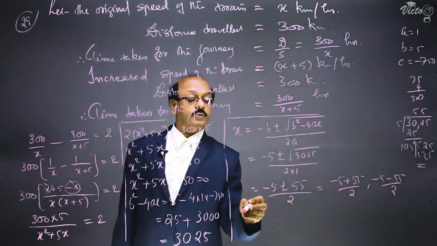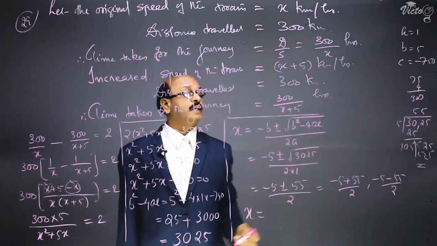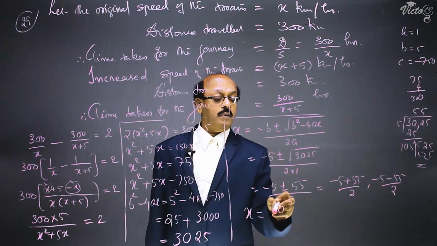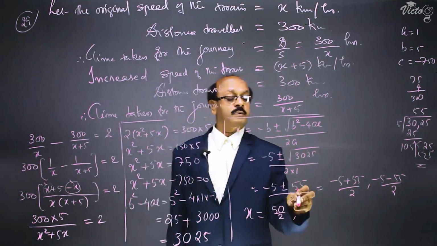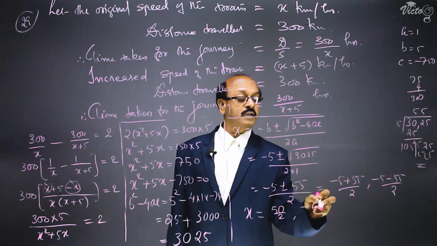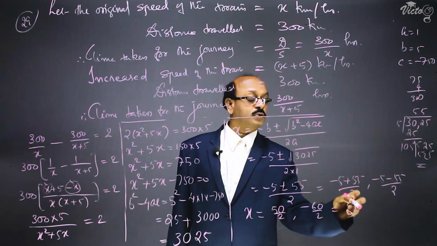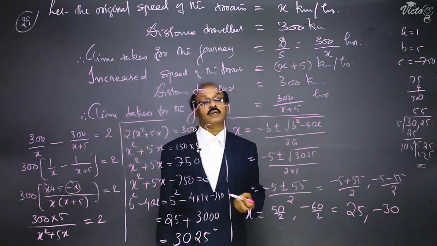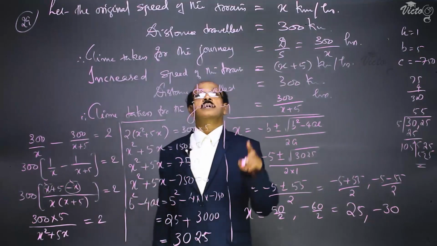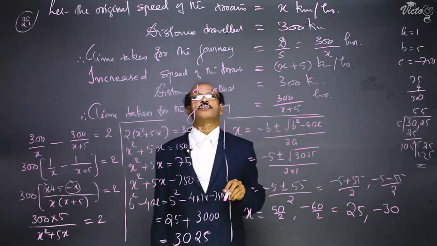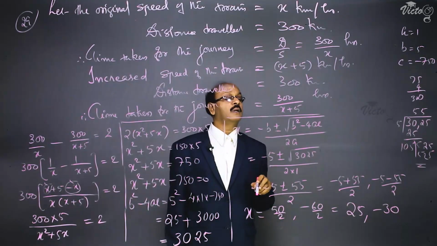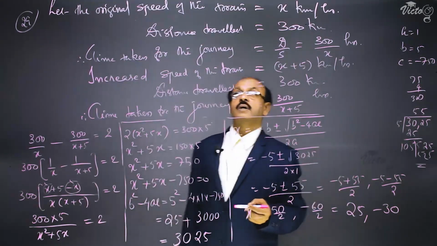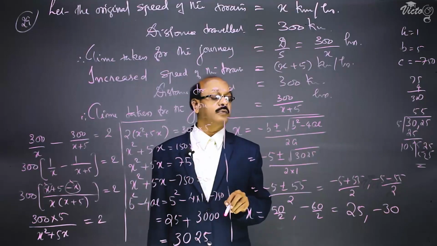x is equal to minus 5 plus 55, which is 50 by 2, and minus 5 minus 55, which is minus 60 by 2. That is 25 and minus 30, the two values of x we are obtaining. But since we are assuming that the original speed of the train is x kilometers per hour, we cannot accept the value minus 30, because the speed of the train can never be a negative number.